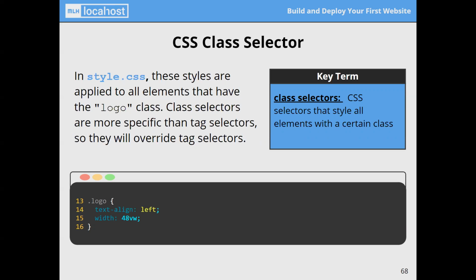Class selectors are more specific than tag selectors, so they will override tag selectors. Class selectors in CSS are selectors that style all elements within a certain class. So think of tag selectors as just a variable, and class selectors are the whole class. All right, so a small example of that on the bottom there.